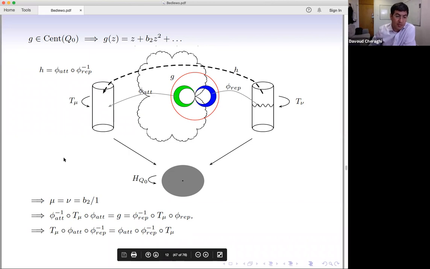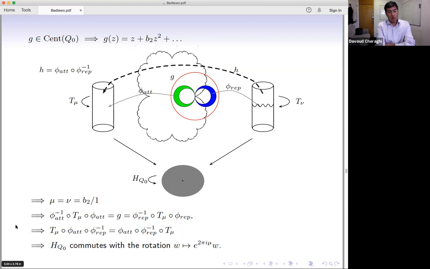And you can see from this form of H that in fact this map is H. So this means T sub mu composed with H is H composed with T sub mu, which, projecting down here, tells me that the Horn map commutes with the rotation by 2 pi i mu.